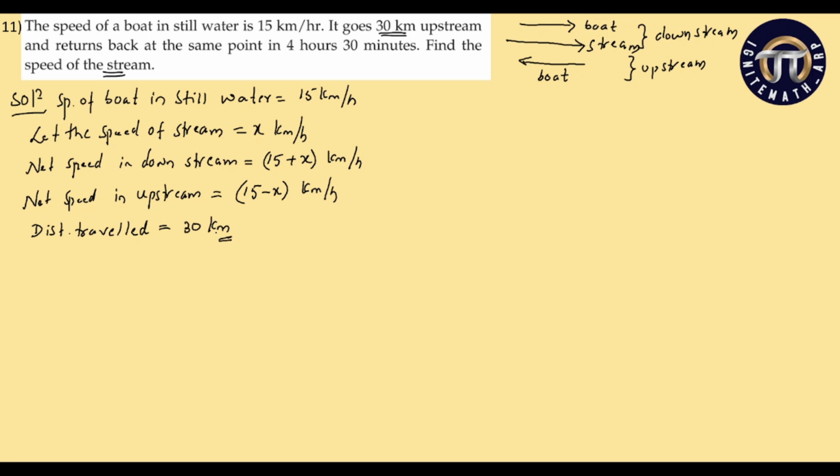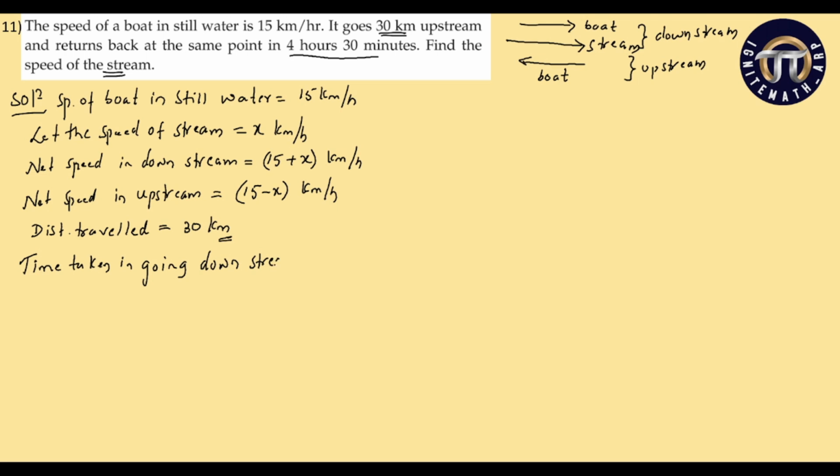Clear, children? So now the question says that the forward journey and backward journey together take 4 hour 30 minutes. So time taken in the forward journey plus time taken in the backward journey is 4 hour 30 minutes.